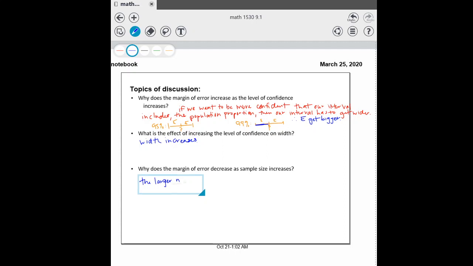So the larger n is, the closer our sample proportion, which is p hat, will be to the actual population proportion.